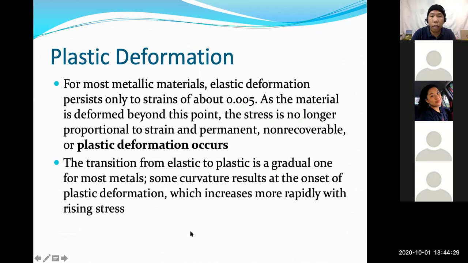Okay, so let's highlight again plastic deformation. For most metallic materials, you know that elastic deformation persists only to strains of about 0.005. As the material is deformed beyond this point, the stress is no longer proportional to strain and permanent, non-recoverable or plastic deformation occurs.